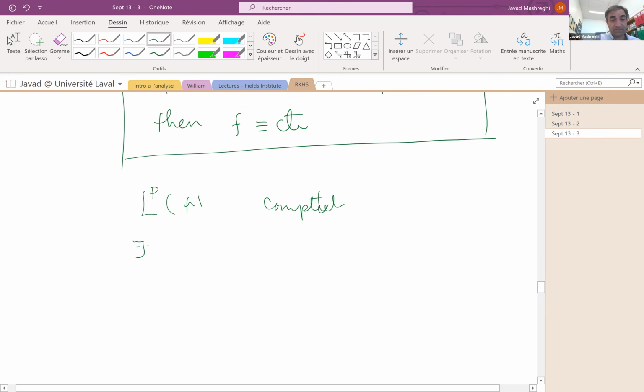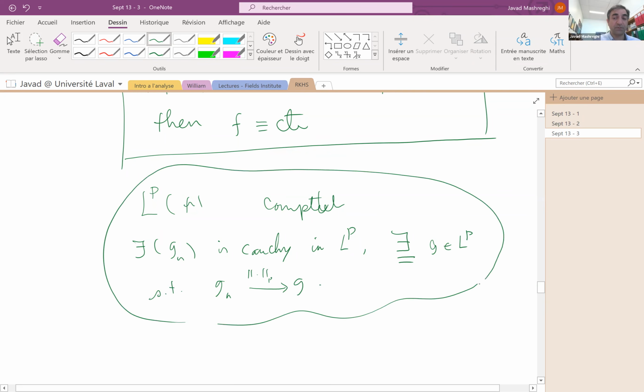If Gn is Cauchy in L^p, then there exists G in L^p such that Gn goes to G in L^p norm. That's the important message of Lebesgue.